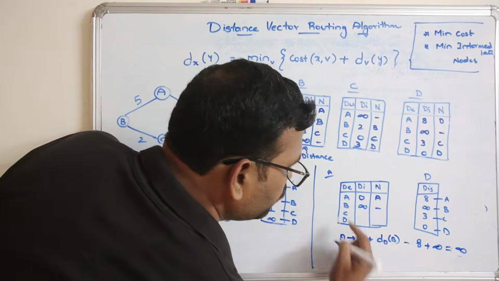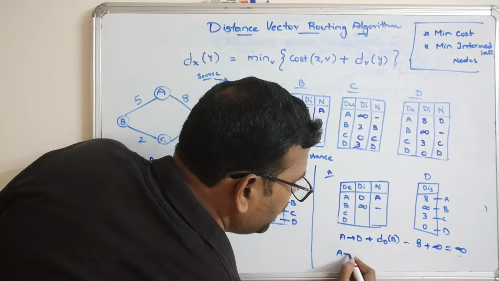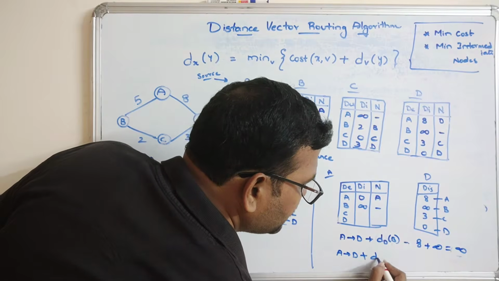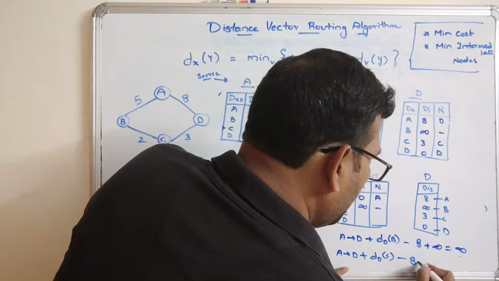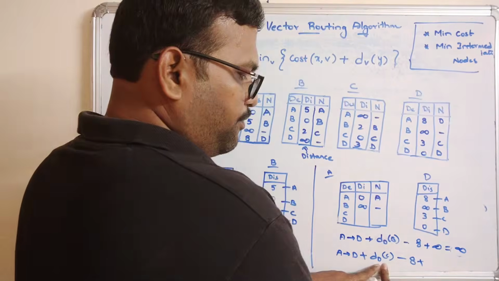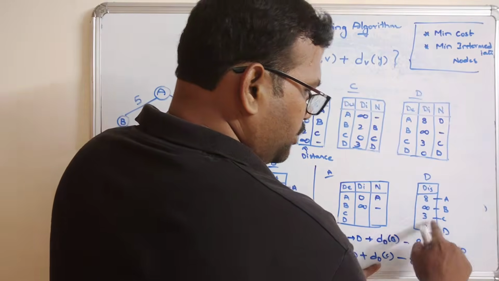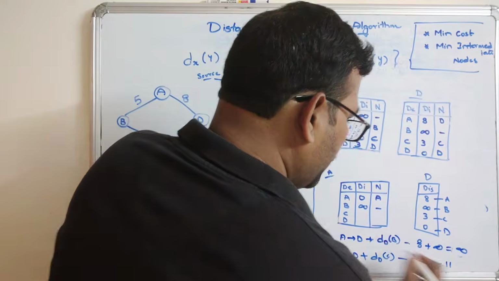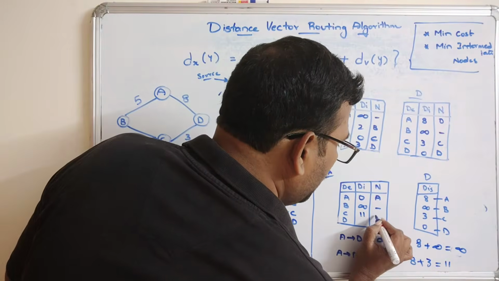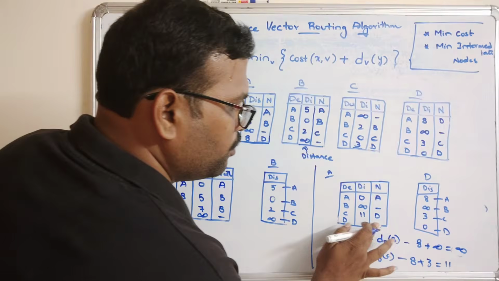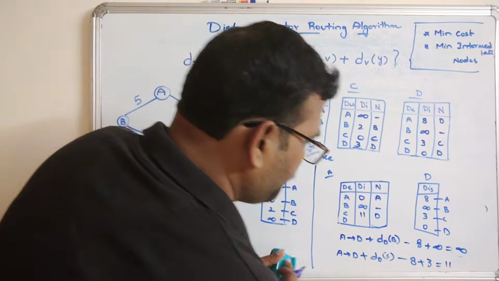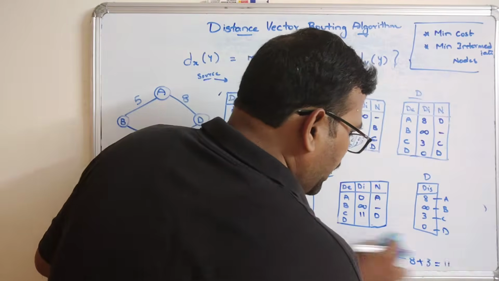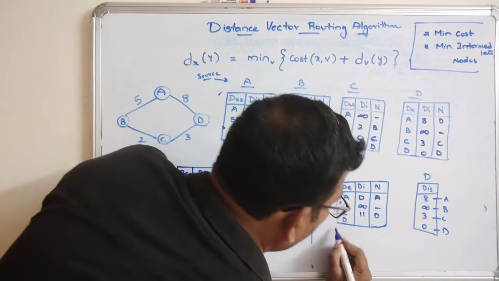Now A to C, A to D plus distance of D to C. A to D is 8 plus distance of D to C. D to C is 3, which is 11. So 11, and with respect to D, the intermediate node is D. And A to D, we know that A to D is a neighbor.